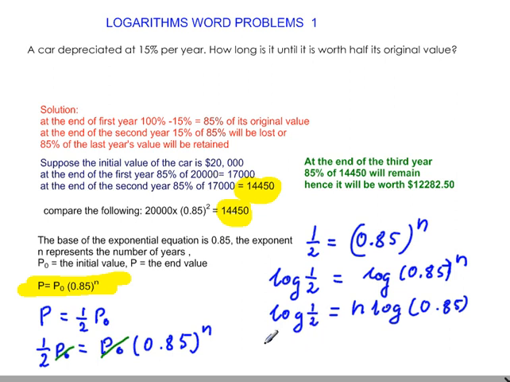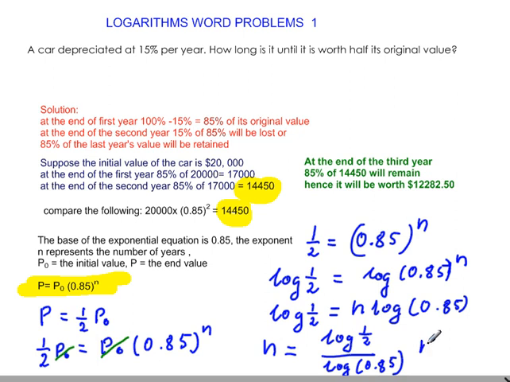To find n, you simply divide both sides by log to base 10 of 0.85, and the statement would look like so: n equals log of 1/2 divided by log 0.85. Many times students tend to make the following mistake. They would use just one log and divide inside half by 0.85, which is incorrect. So you have to find separately the value of this logarithm, the value of that logarithm, and divide them.